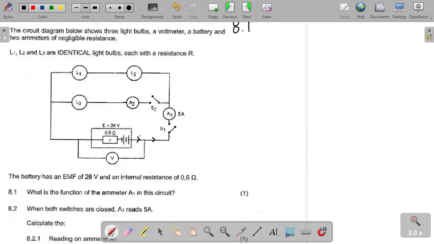The current that passes through A1 is not yet divided. So it will measure the total current. The current that passes there is the total current.